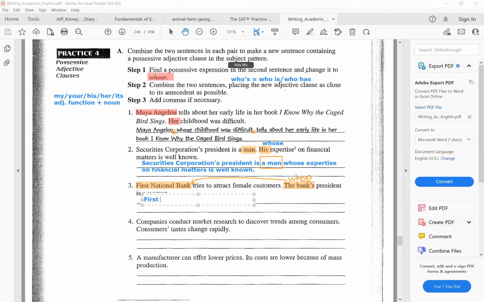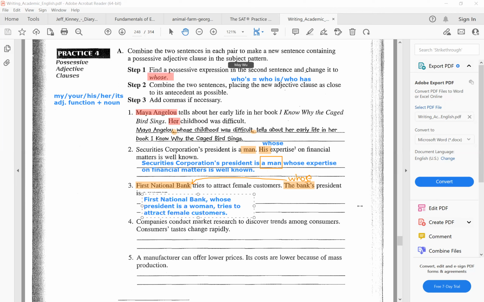So First National Bank. Now, this is a proper noun, right? It's not just any bank. We know it is the First National Bank. So we use non-restrictive, comma, whose president is a woman, comma, tries to attract female customers.